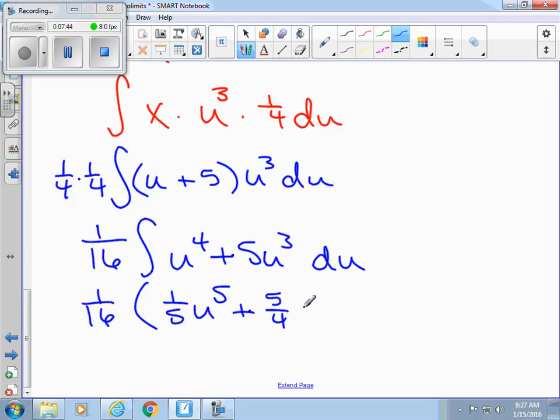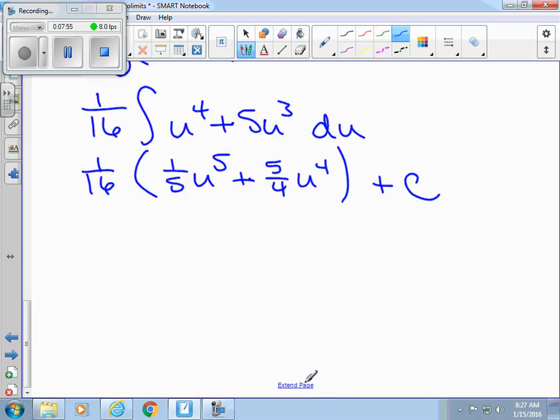Y'all getting good at anti-differentiation? This part? Any questions? Do you see why it is what it is? Because you raise the power and then divide by the new power.